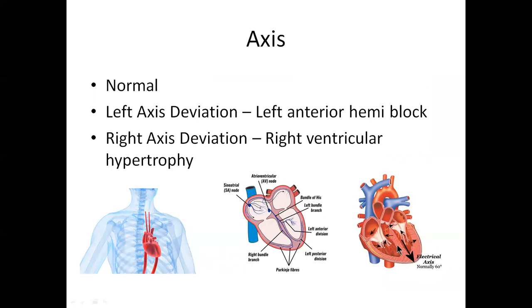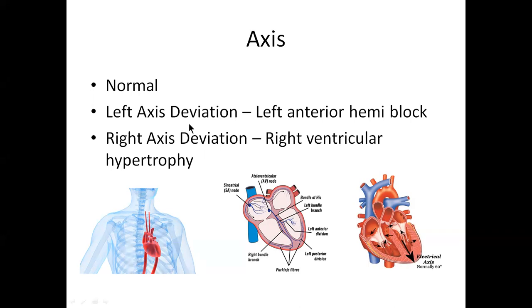If for some disease condition, the right ventricle became really thick and muscular, what will happen? The axis would move to the right, causing a right axis deviation. So one of the causes of a right axis deviation would be right ventricular hypertrophy.